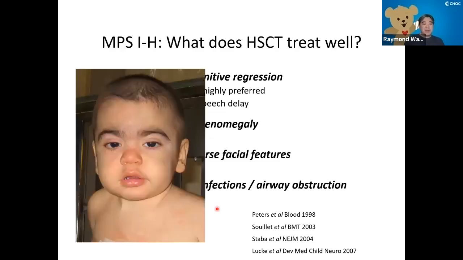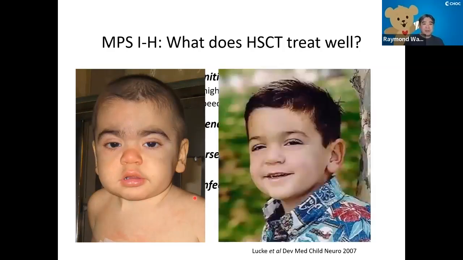This is a young man who, as you can see, has coarse facial features, and 5 years later, there's some softening, there's some subtle MPS features, but you can still see it's significantly improved.